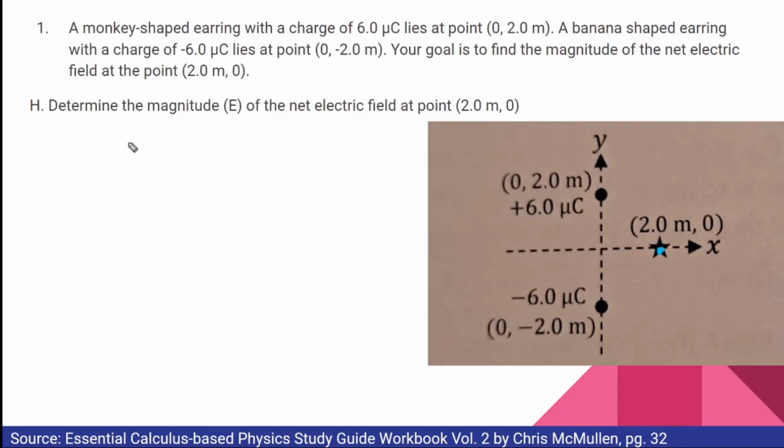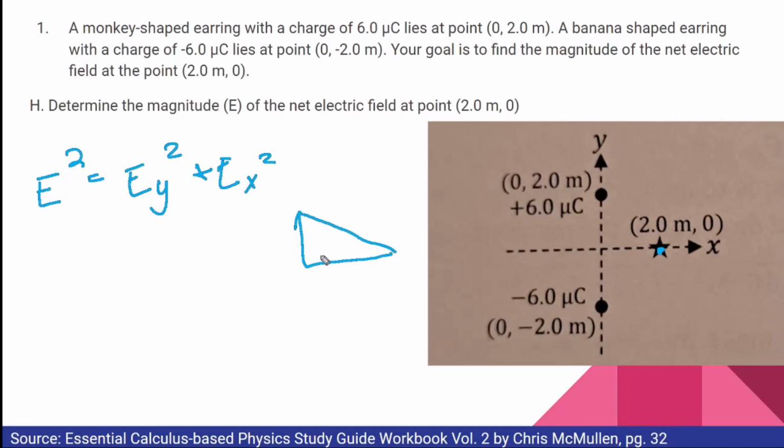Determine the magnitude of the net electric field at point 2 meters, 0. Now, in order to get the resultant magnitude, we have to use the Pythagorean theorem, where E squared will be equal to the y component squared plus the x component squared. This can be seen in the Pythagorean theorem as a squared plus b squared is equal to c squared.